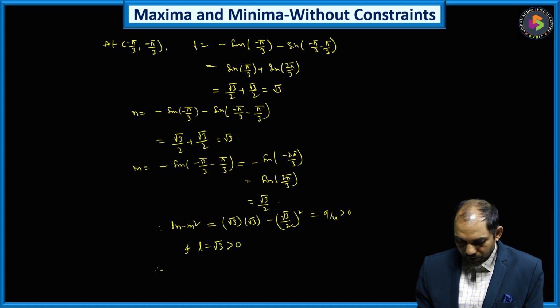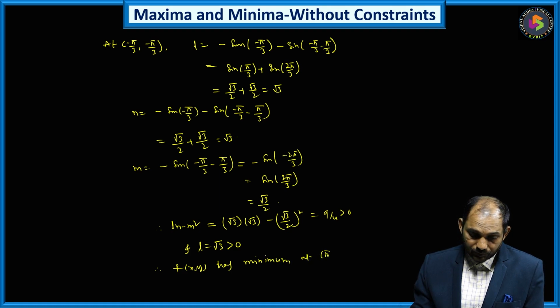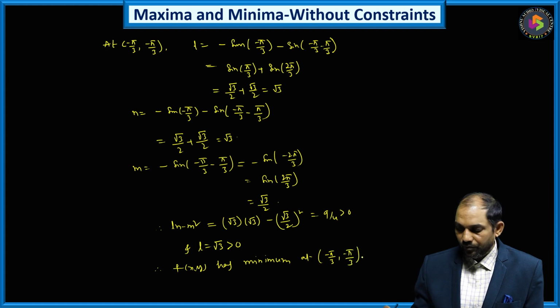So from the working rule we can conclude that f of x comma y has a minimum at the stationary point minus pi by 3 comma minus pi by 3, right?